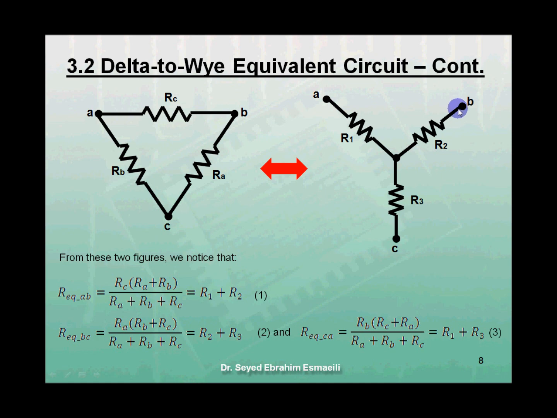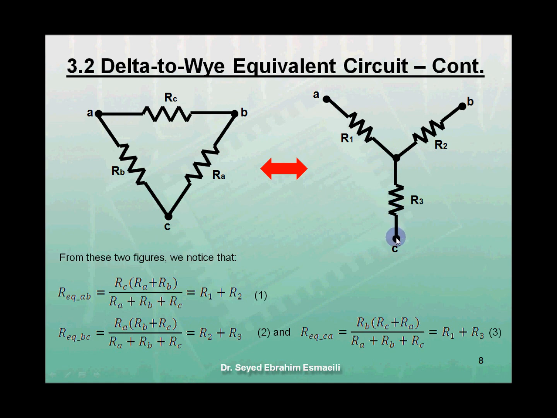In the same approach, the equivalent resistance between nodes B and C in the delta configuration is equal to RA in parallel with RC plus RB, which is equal to R2 plus R3 in the Y configuration.